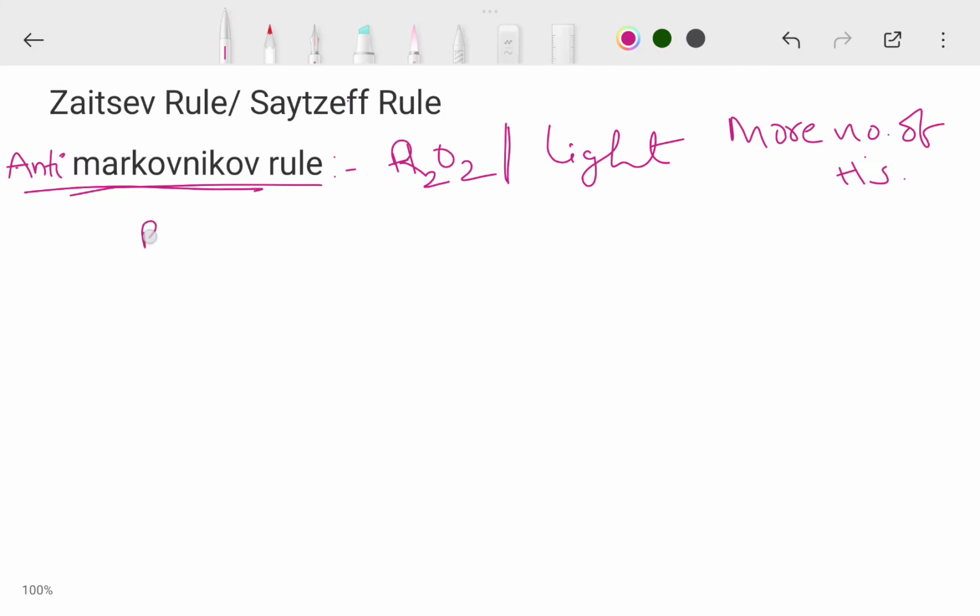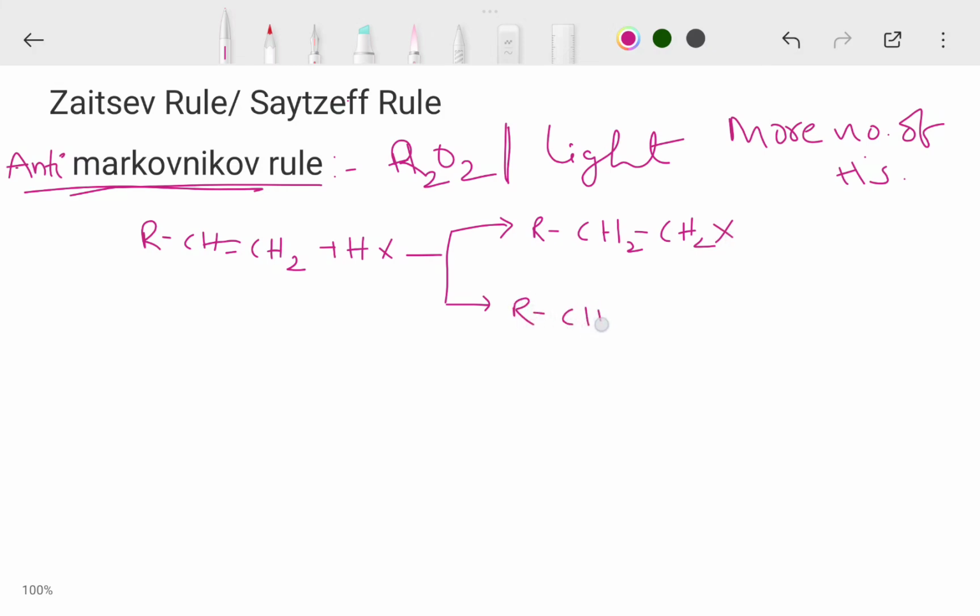For example, RCH=CH2 plus HX. Here also two types of products are possible. One is RCH2CH2X and the other is RCHX CH3.